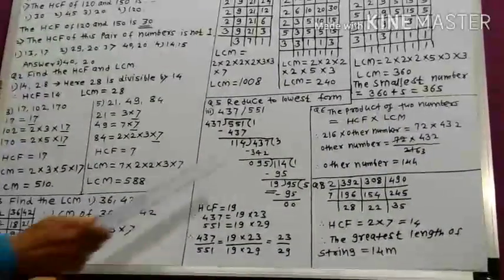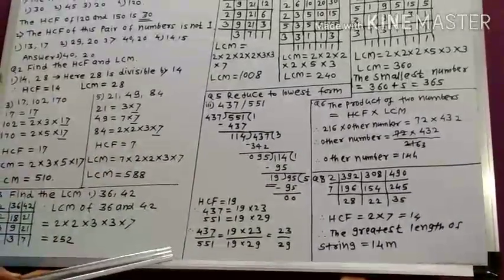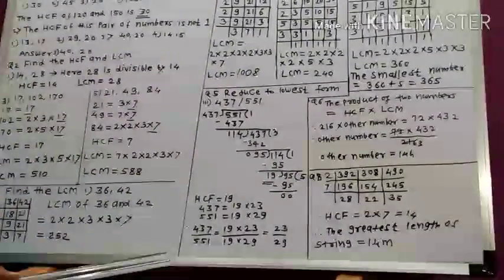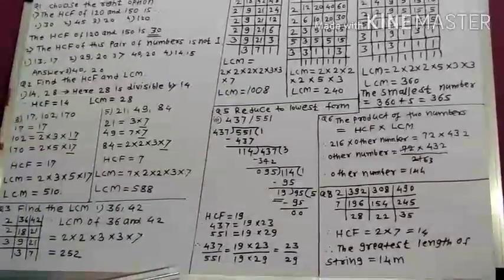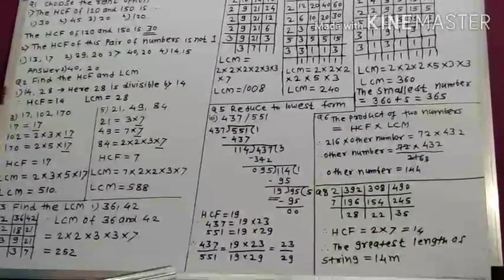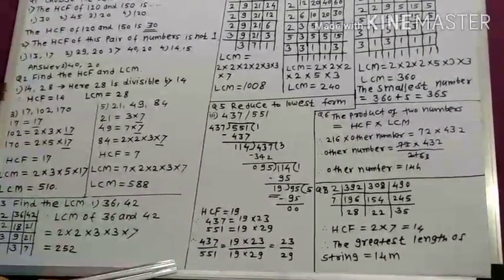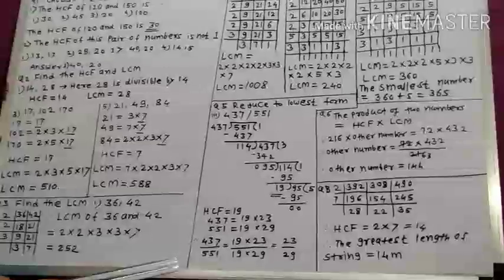Then turn to question number 6 in practice set 14. In this question one number, their HCF and LCM are given, and we have to find the other number.